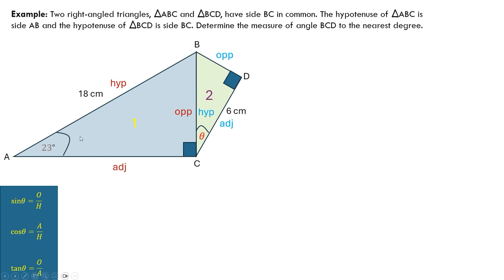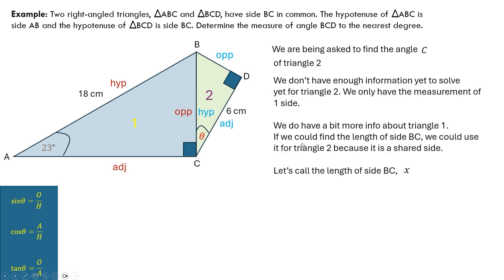So what do we know? We know that triangle 1 has a reference angle of 23 degrees. We want to know what the opposite side is, because that's the side that has the shared side. And we're also told that the hypotenuse is 18 centimeters. This basically restates what we know so far.